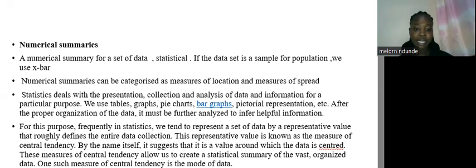For this purpose, frequently in statistics, we tend to represent a set of data by a representative value that roughly defines the entire data collection.